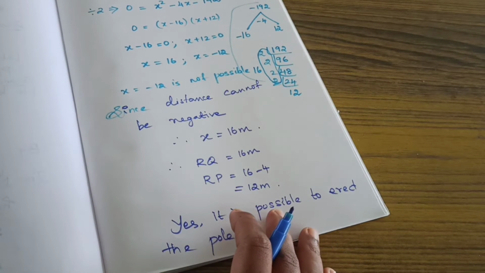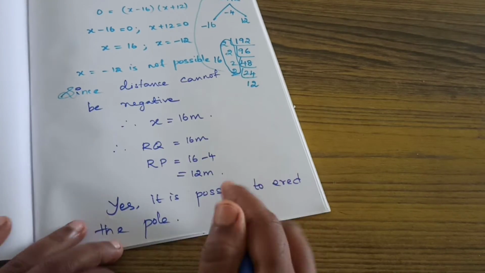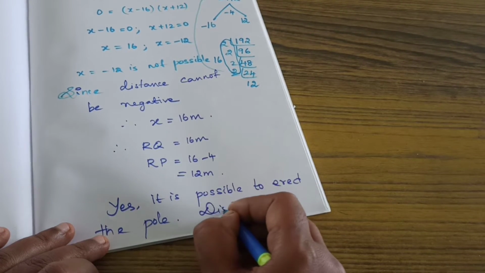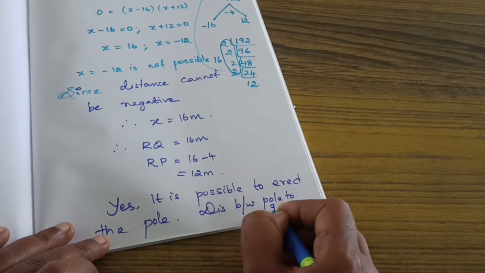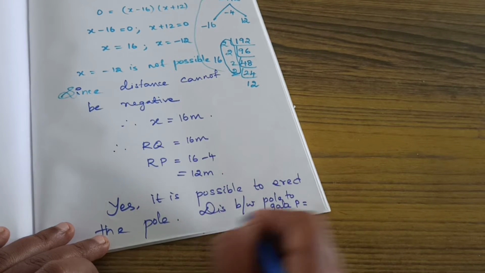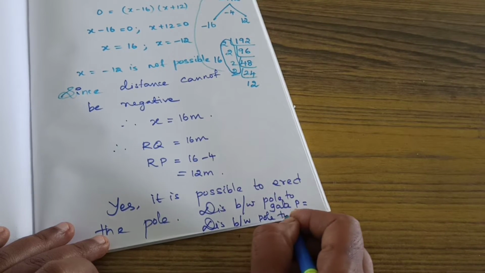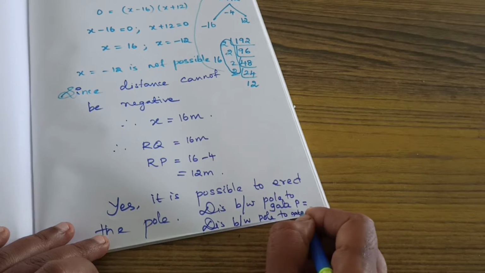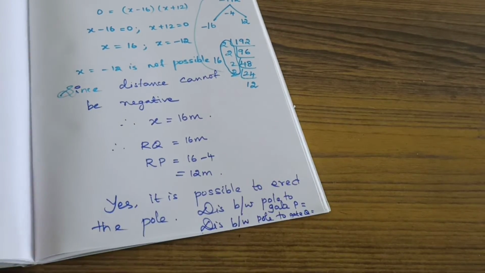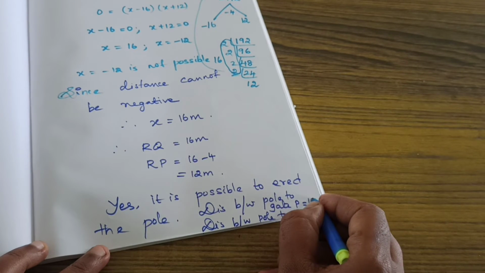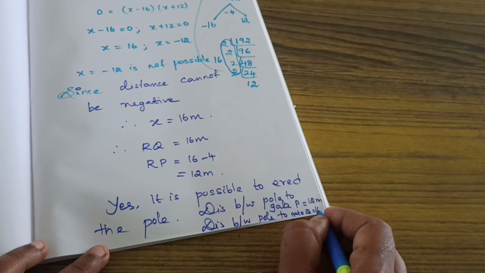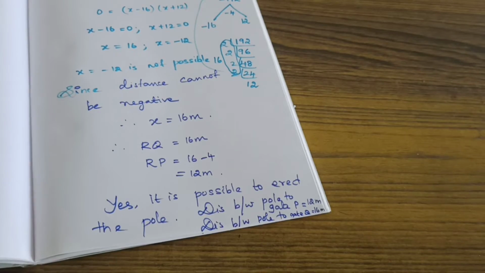Then, if the answer is yes, at what distance from the two gates should the pole be erected? Distance between the pole and gate P, then the distance between the pole and gate Q. Gate P is x minus 4, that is 12 meters, and here 16 meters. So 12 and 16 is the final answer.